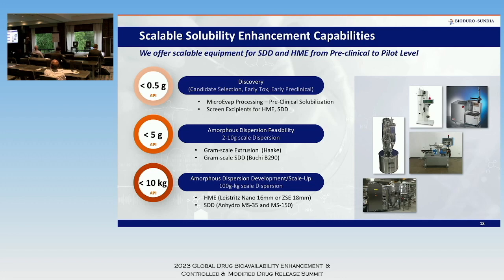Nowadays, everything is going through spray drying first, and then at the right time, we switch to hot melt extrusion if it works, because it is less expensive technology, a lot easier and straightforward than a five-story building to fit a spray dryer.